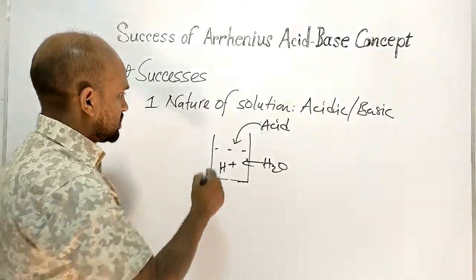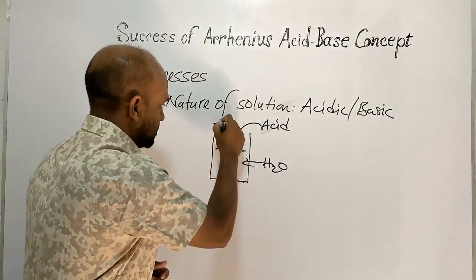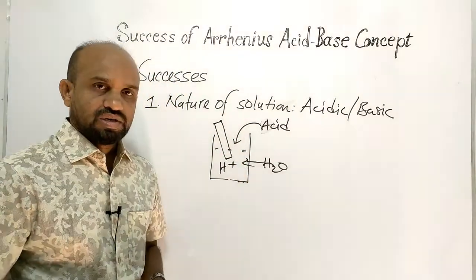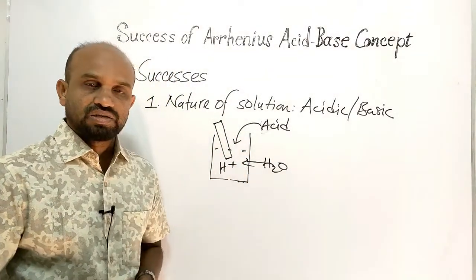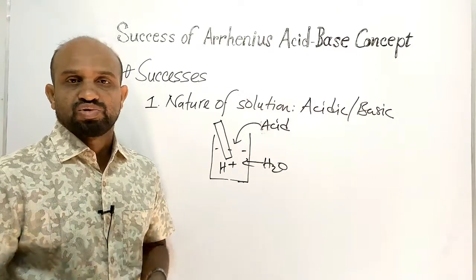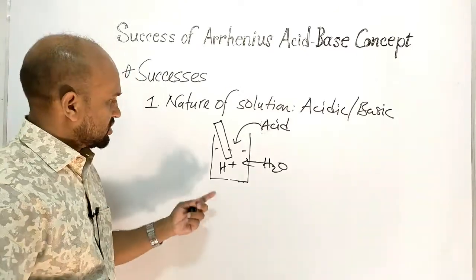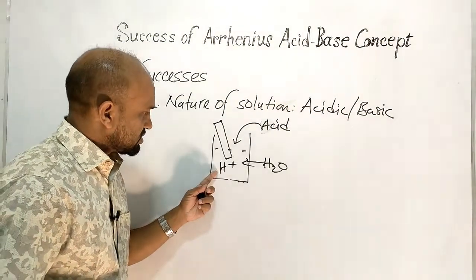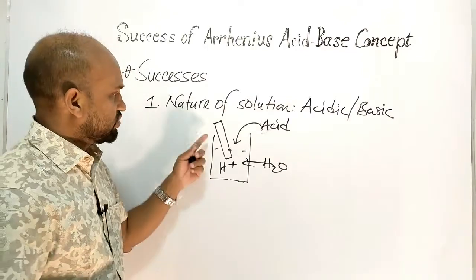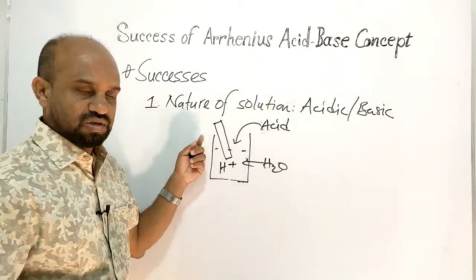This proton can change the color of the litmus paper from blue to red. That means the Arrhenius acid is determined with the help of litmus paper.